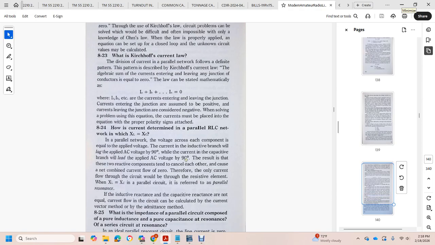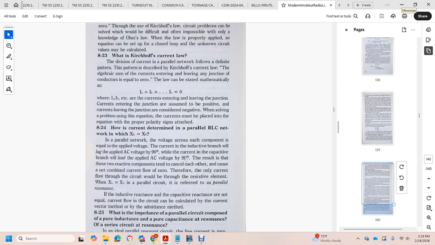The current in a parallel resistive, inductive, and capacitive network: the voltage of the components is equal to the applied voltage. The current in the inductive branch lags the applied AC voltage by 90 degrees, while the current in the capacitive branch leads the applied AC voltage by 90 degrees.